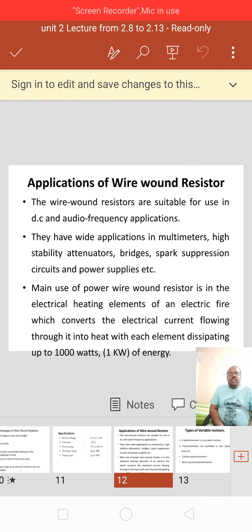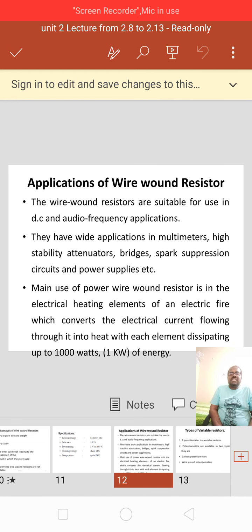Next, here we are knowing the applications of wire wound resistors. The wire wound resistors are suitable for use in DC and audio frequency applications.